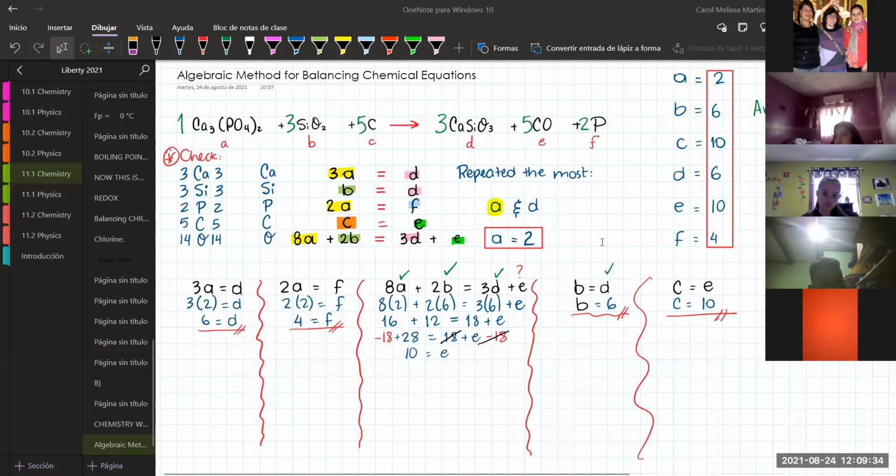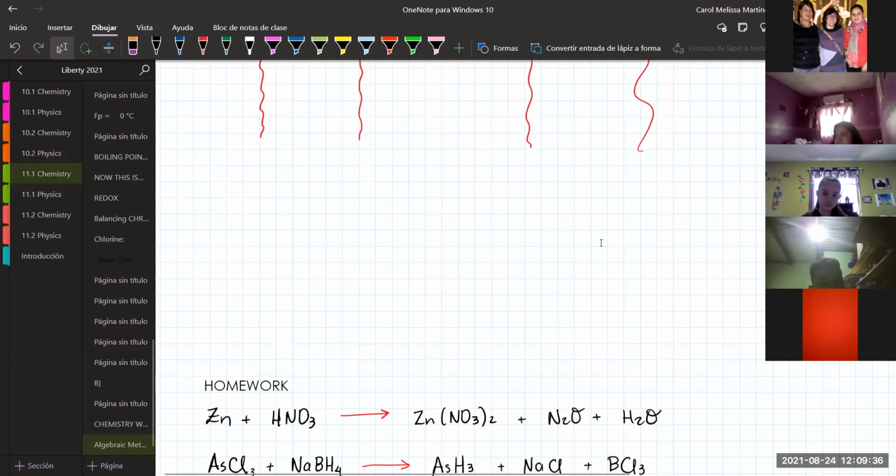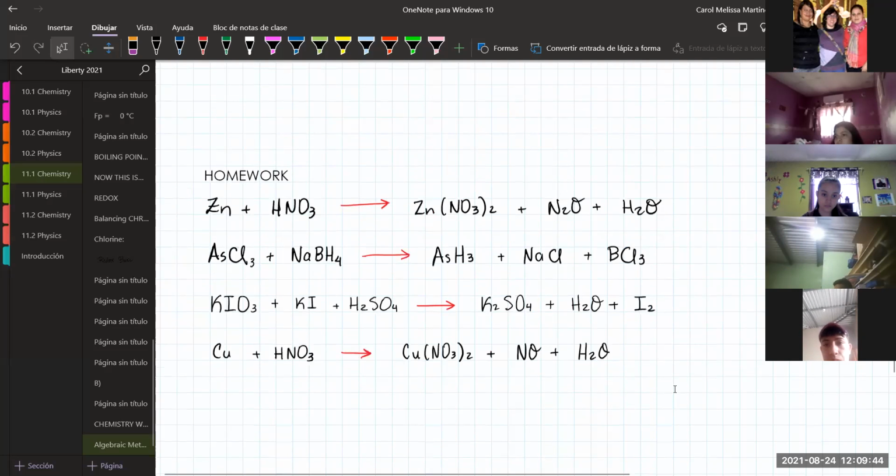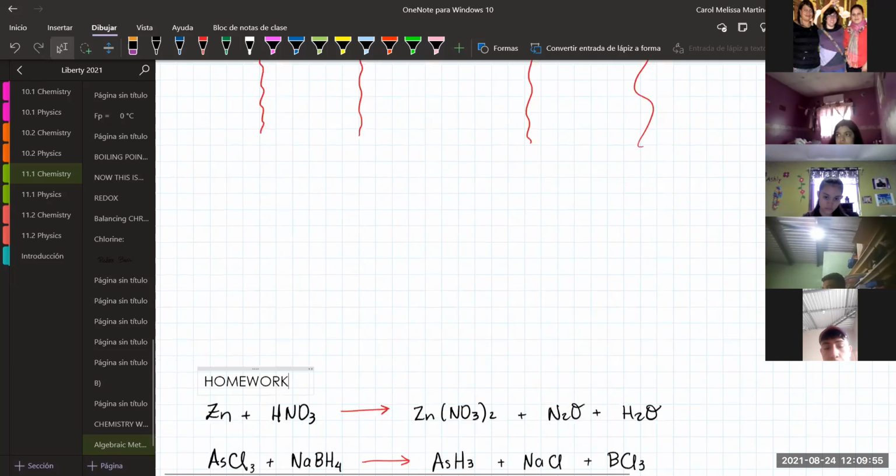Now, as homework, you will do these 4 exercises here. These equations look big, but they're not too complex to balance. I already did them all. Of course, you will do this homework by using this method.